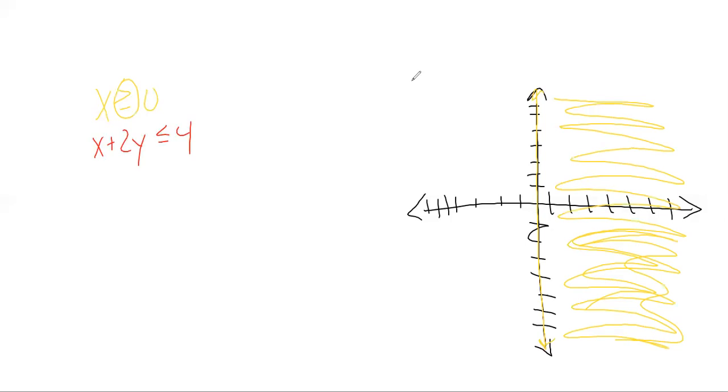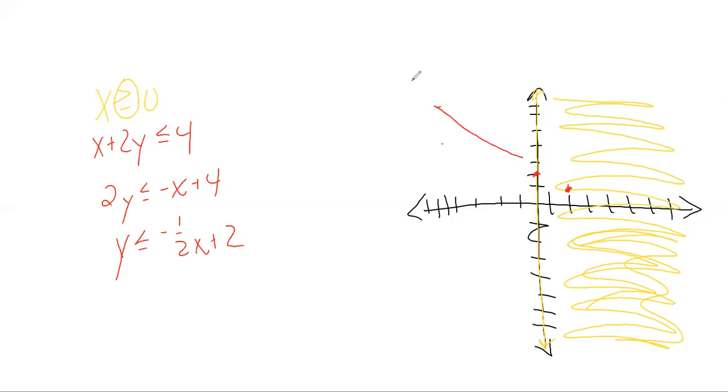The next one, I have to put this in the form y equals mx plus b. So I got 2y is less than or equal to negative x plus 4. Y is less than or equal to negative 1/2 x plus 2. So I start at 2. Put a dot. I go down 1 over 2. Put a dot. It is a solid line.